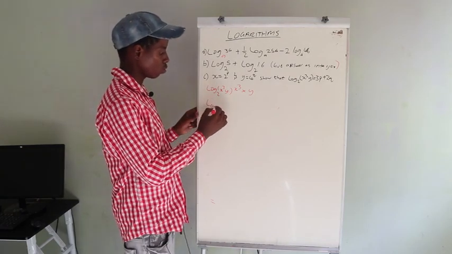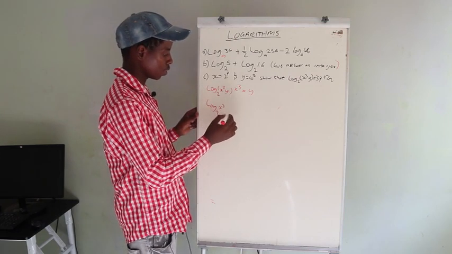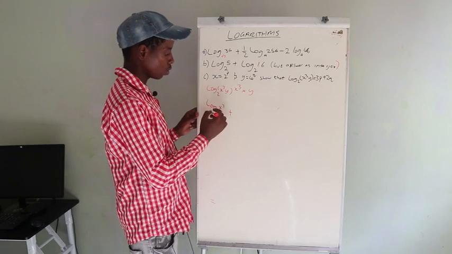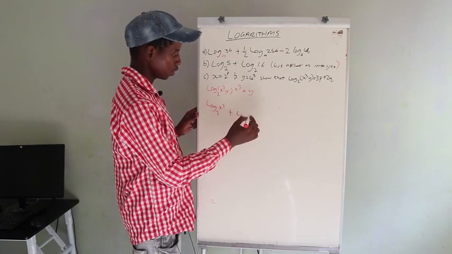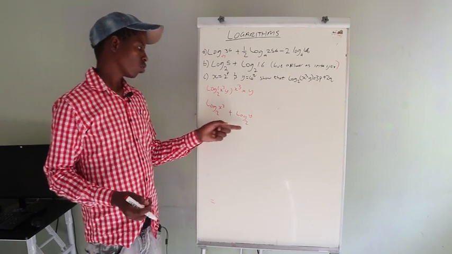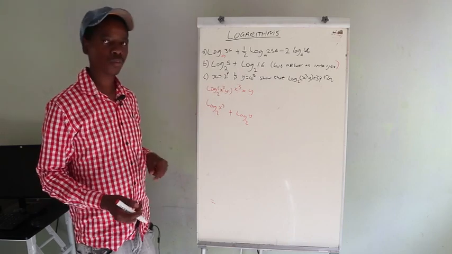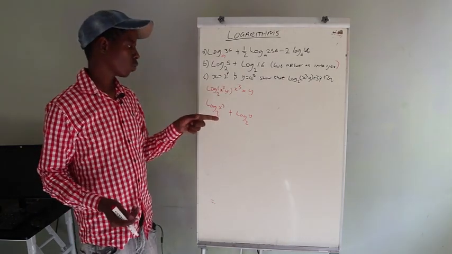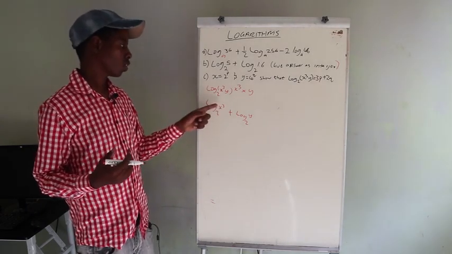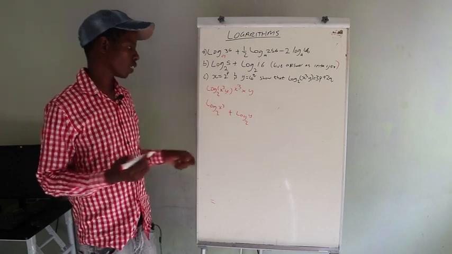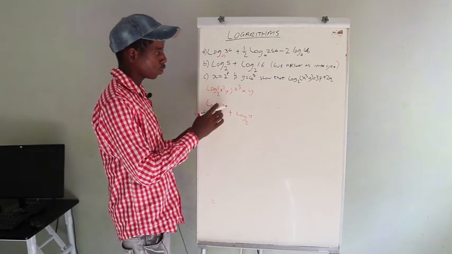So we're going to say log 2 of x to the power 3 plus log 2 of y. So now we have written this in logarithm form. Now we'll go to the substitution part. We have to substitute x and y. So we're going to say log 2, what is our x?